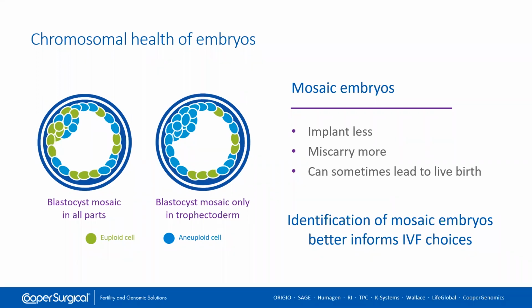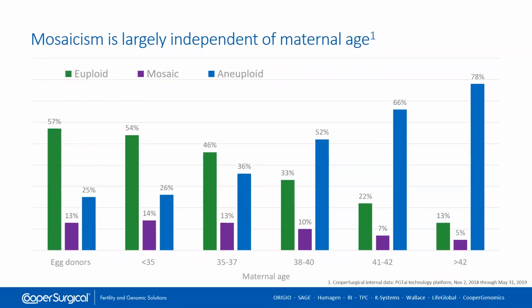So what I want to show you is how the correct identification of mosaic embryos into these categories can give a better informed choice for the IVF patients, and we can make more informed decisions around embryo transfer.